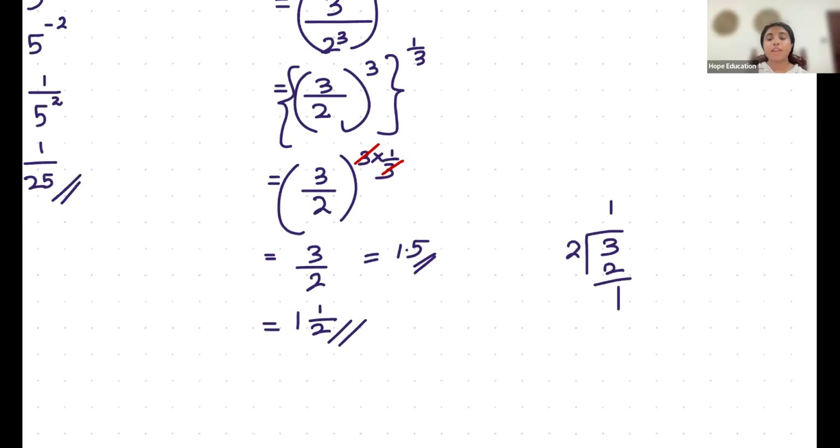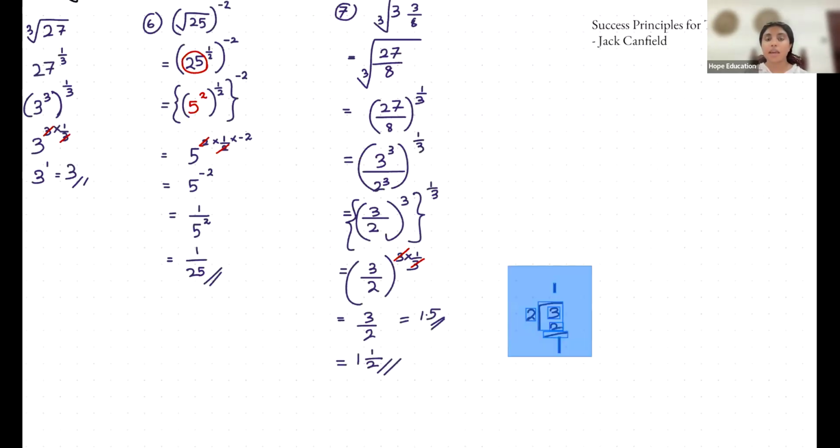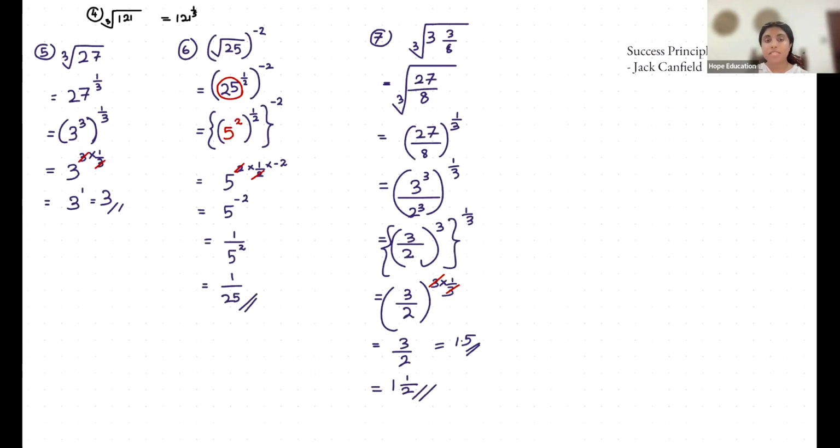Okay children. Can you all copy this down? You wrote the 6th example. Try to write the 7th example.